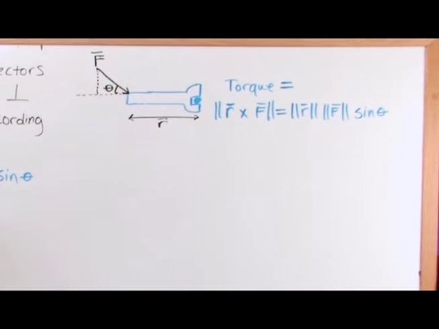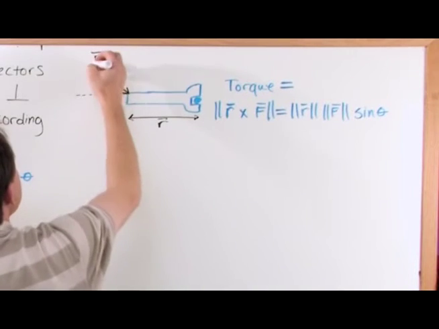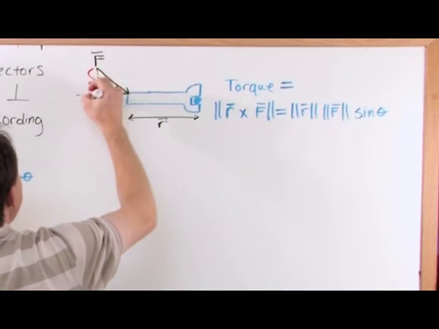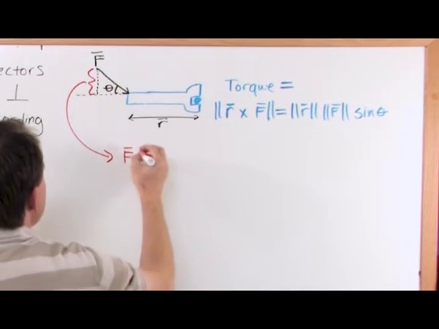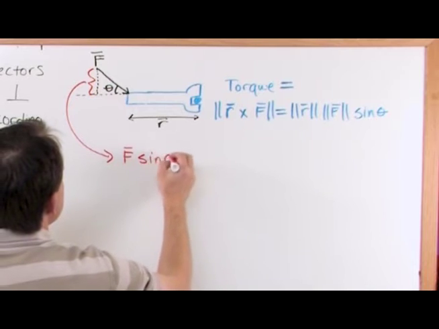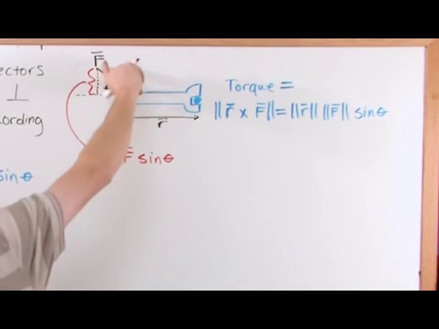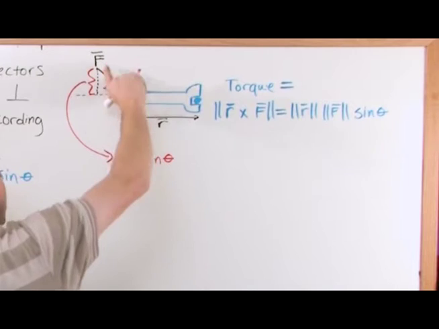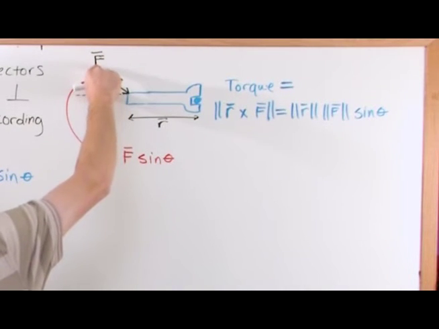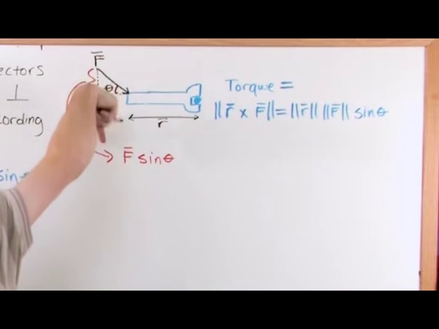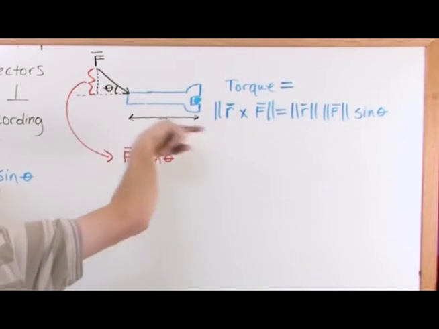Another way of saying that is, let me switch colors yet again, this magnitude right here is F times the sine of theta. Just look at the triangle here. This is a vector F, and this is an angle. If you take F times the sine of the angle, then this is the component of F acting down, and this is the component of F acting over like this.